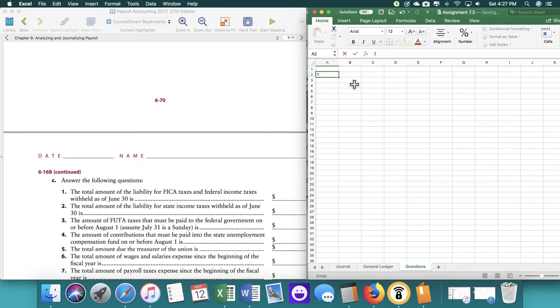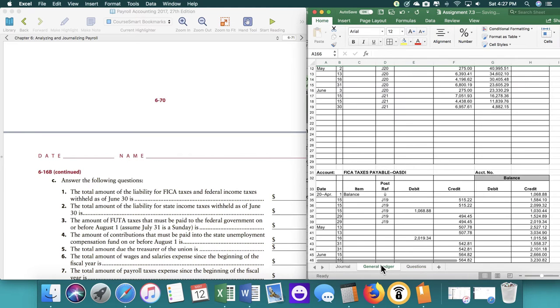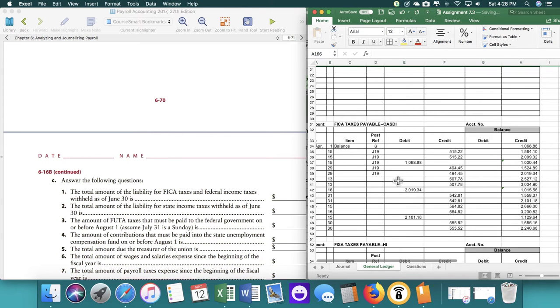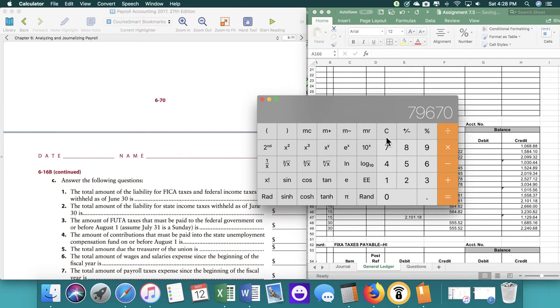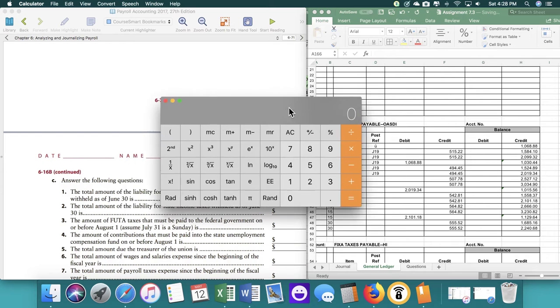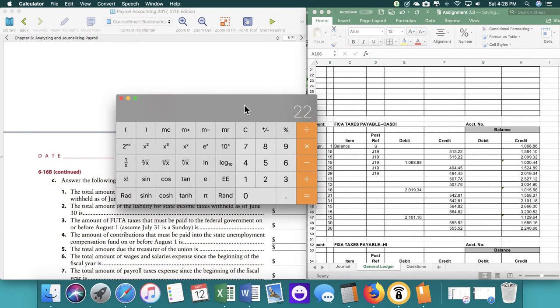So the first question is the total amount of liability for FICA taxes and federal income taxes withheld as of June 30th. So we're going to have to look and do some math. We have FICA taxes payable, OASDI, so that's 2240.68.